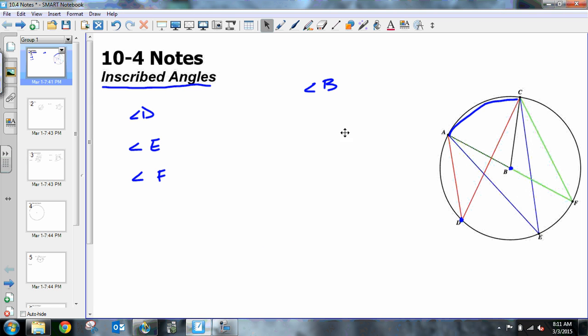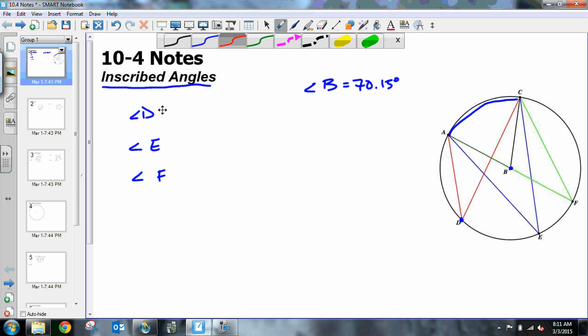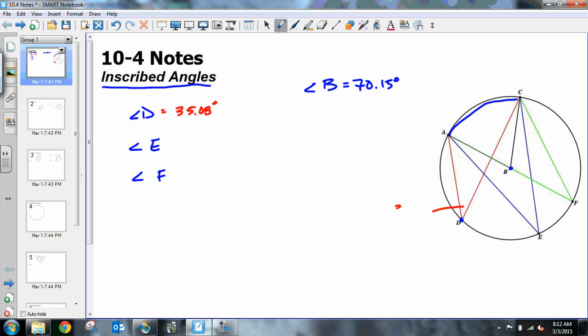Okay, so let's go back. Let's identify this. So we found that angle B was 70.15 degrees, based on what we had. And then I found that angle D was 35.08 degrees. We found that angle E also had 35.08 degrees.